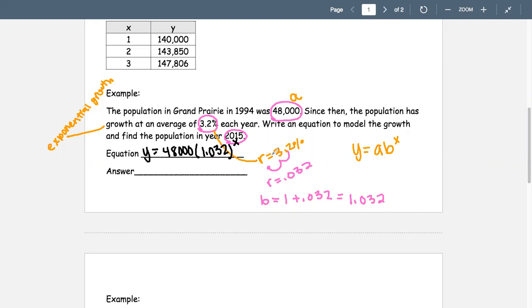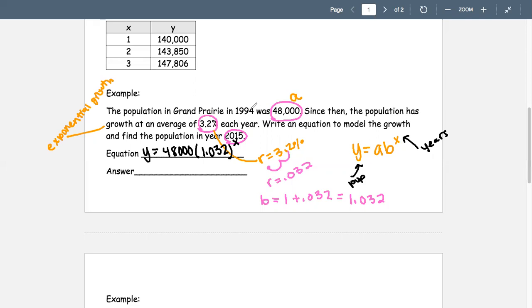So let's figure out first of all what these things mean. The population in Grand Prairie has grown at a rate each year. So Y stands for population, X stands for the years. So if it's asking about 2015, what am I going to plug in for X? Don't say 2015. That's not what I'm plugging in.